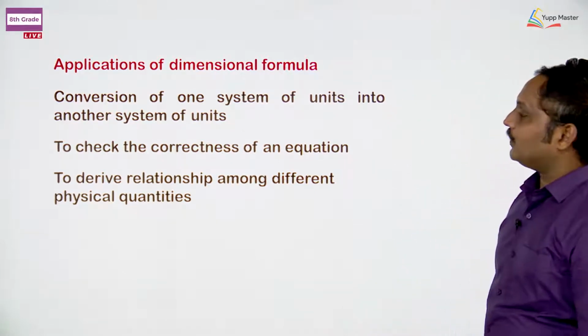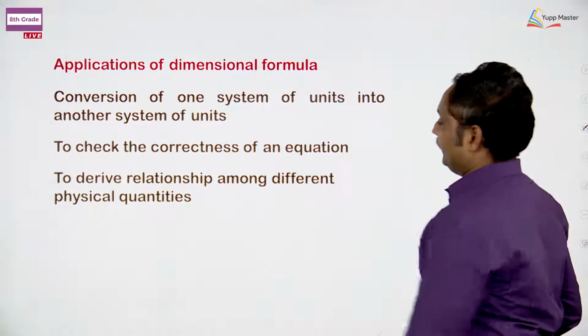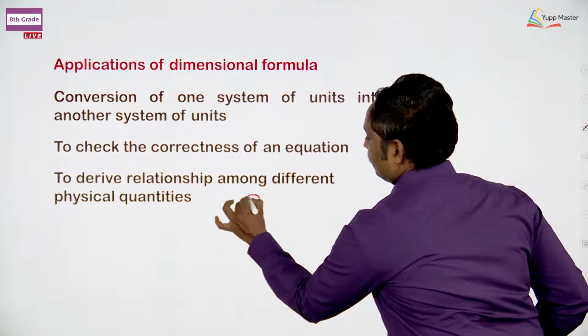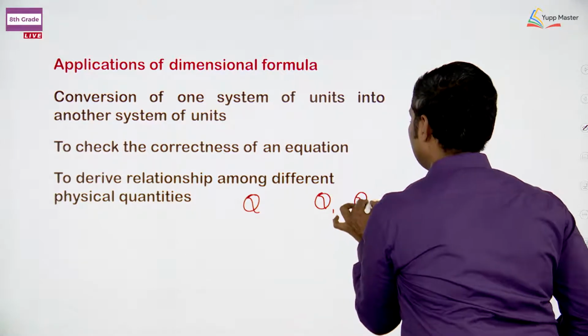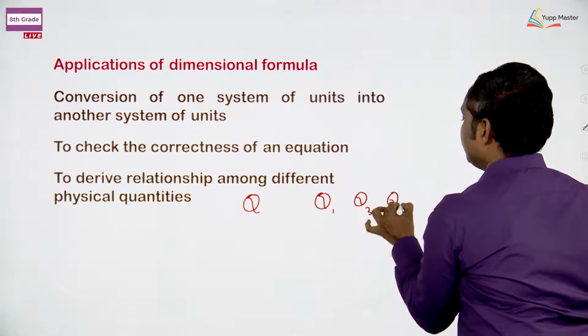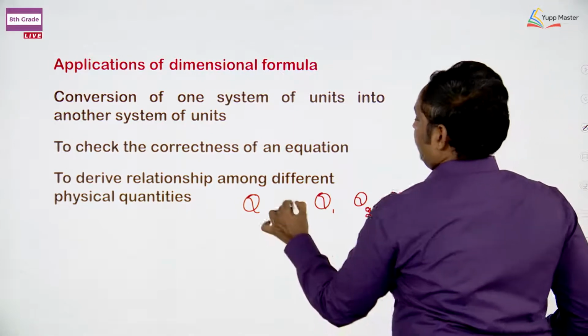To check the correctness of an equation and to derive the relation among the physical quantities, let us have one derived quantity Q, which has a relation with Q1, Q2, Q3.